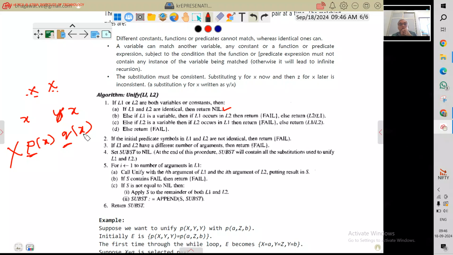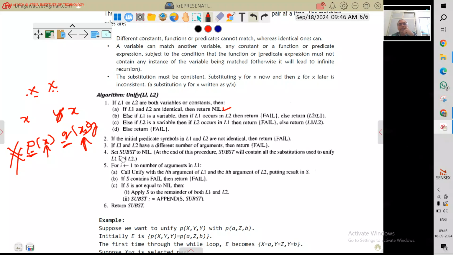Not only are you going to look into the predicates, you are going to look into the arguments also. Arguments also should be the same. Now if in one you have got one argument, and in the other you have got two arguments, again you cannot do your unification process. So one by one we are going to look into the steps.